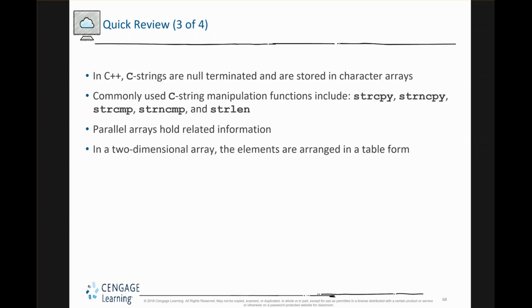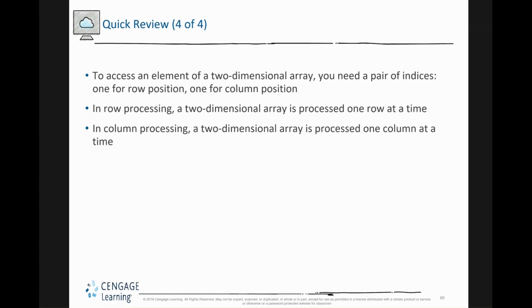In a two-dimensional array, the elements are arranged in table form. To access an element of a two-dimensional array, you need a pair of indices, one for the row position, one for the column position. In row processing, a two-dimensional array is processed one row at a time. In column processing, a two-dimensional array is processed one column at a time.